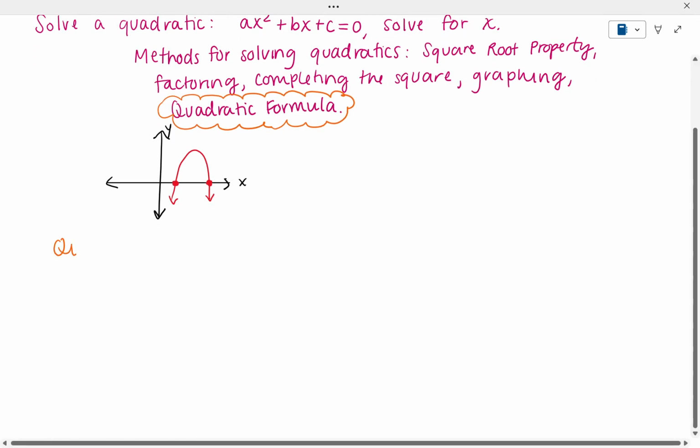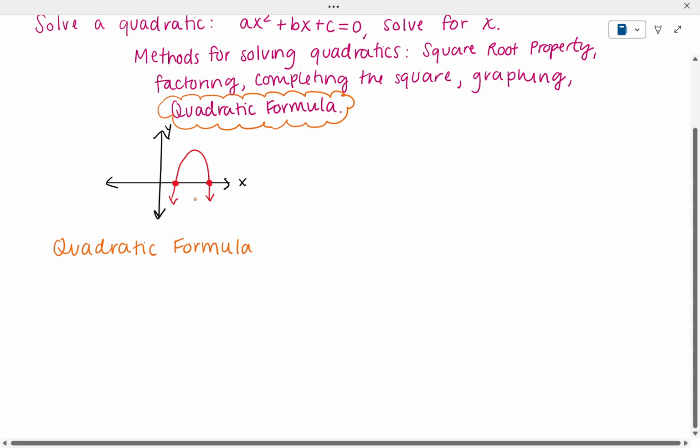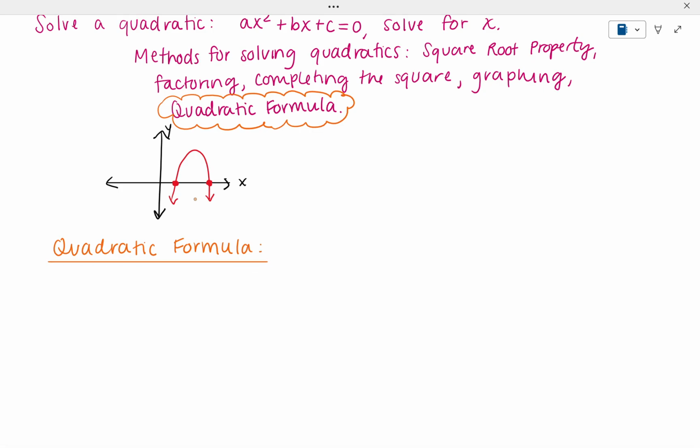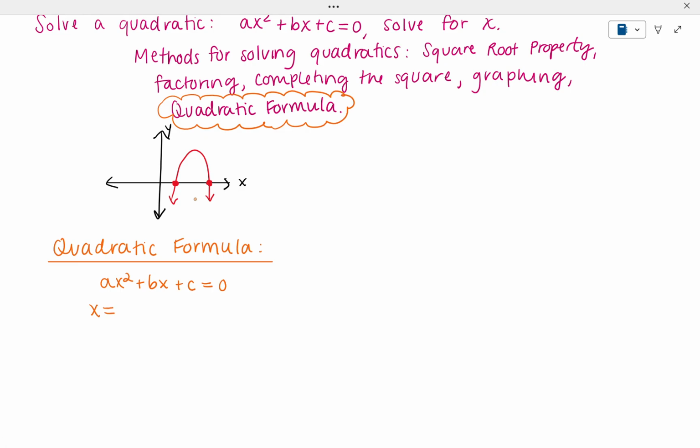So remember that the quadratic formula states that given ax squared plus bx plus c equals 0, we can find x by plugging in the values for b, a, and c into the following formula. So x equals negative b plus or minus the square root of b squared minus 4ac, over 2a.